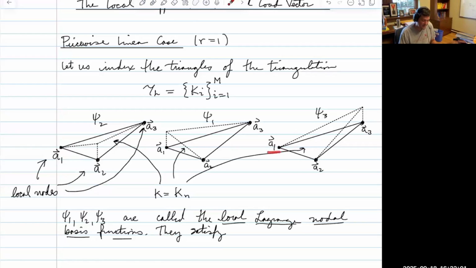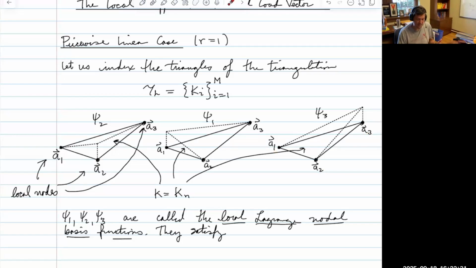Now, these nodes here are the global coordinates, but I've numbered them via their local node number. So these vectors are global coordinates in R2, so it's an X and Y here, X and Y here, X and Y here. But the way I've got them numbered is with respect to the local degree of freedom.